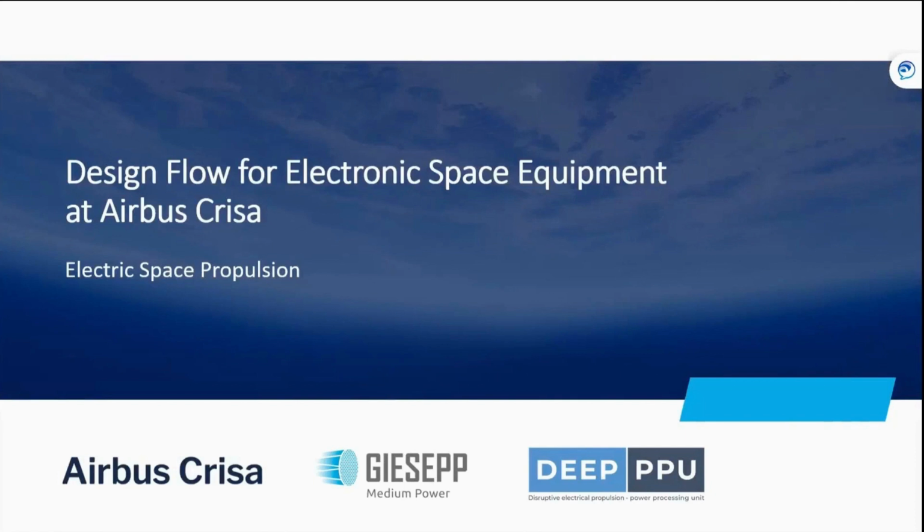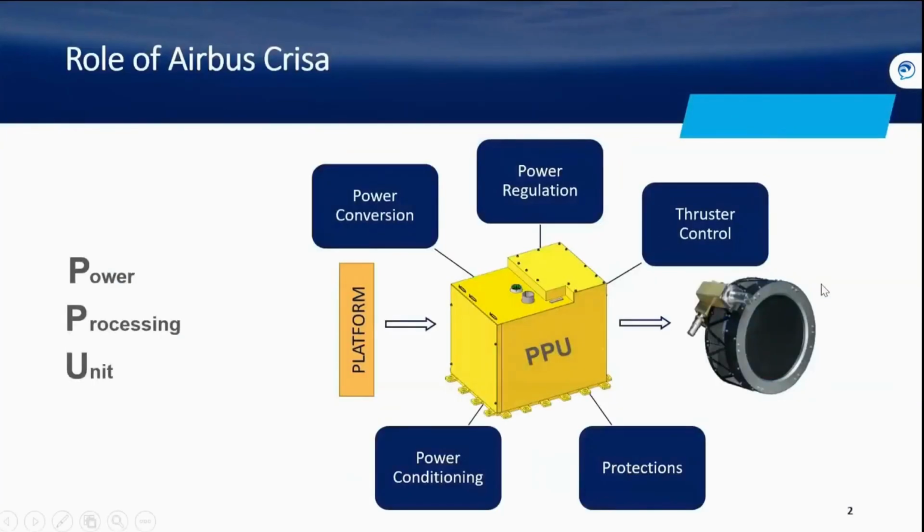So the first thing I want to introduce is the role of Airbus Crisa in these two projects, GIESEPP MP and DEEP PPU. We are in charge of developing the PPU, which in the electric propulsion field stands for Power Processing Unit.